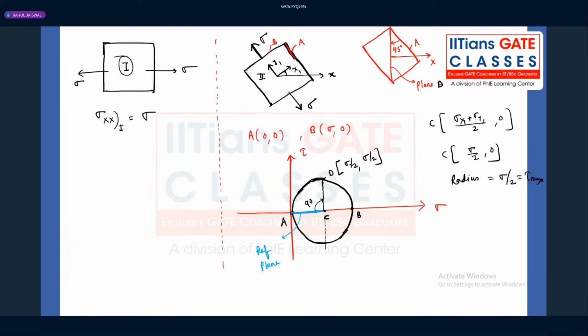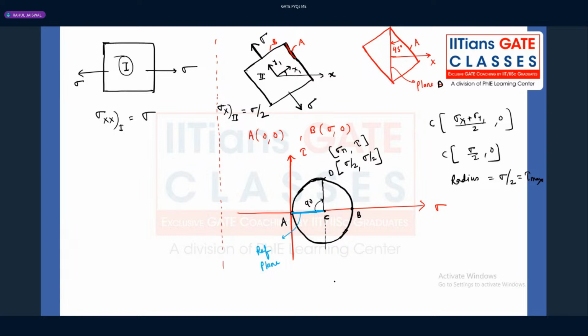So what is the value of the normal stress at XX? Corresponding to this loading, the sigma x for the second loading is sigma by 2, because the first coordinate will be sigma normal, and this is the shear stress on that particular plane.